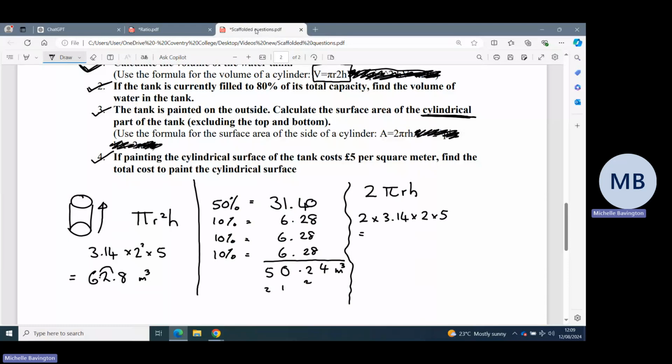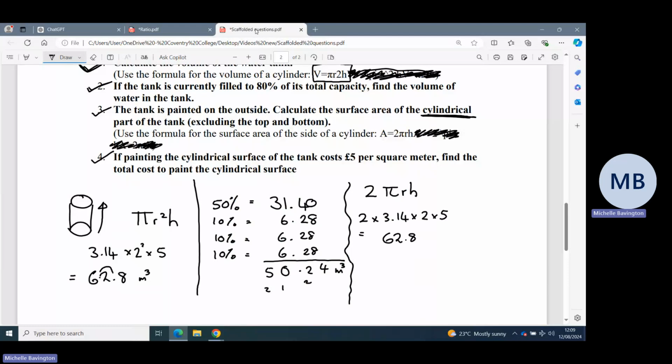2 times 3.14 times by 2 times by 5 equals 62.8. That's the same. 62.8.